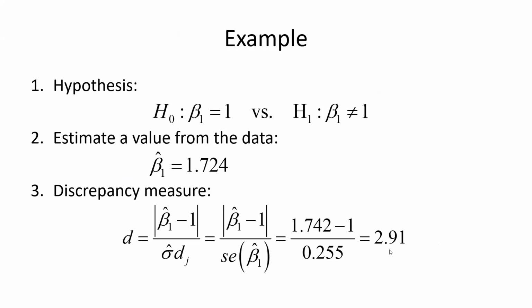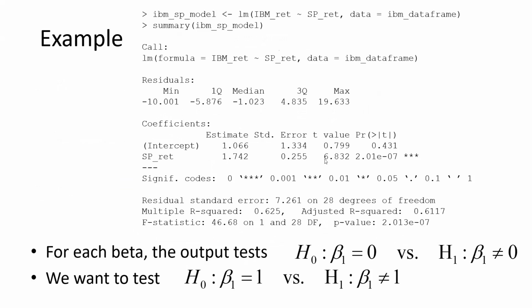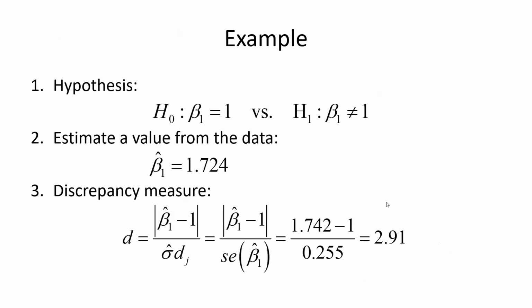Not as large as the value corresponding to the other null hypothesis, where we had 6.8. Now we have 2.9, but still larger than 1.96, which would correspond to the normal distribution. Now this is a t-distribution, so the critical value is not 1.96, it's a little larger.